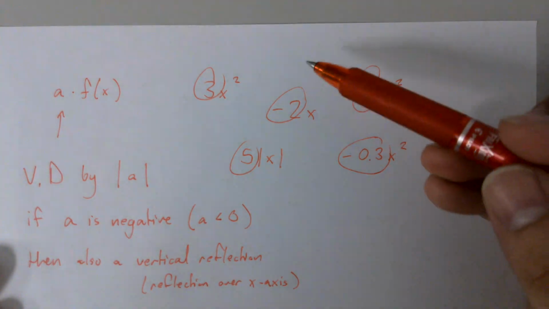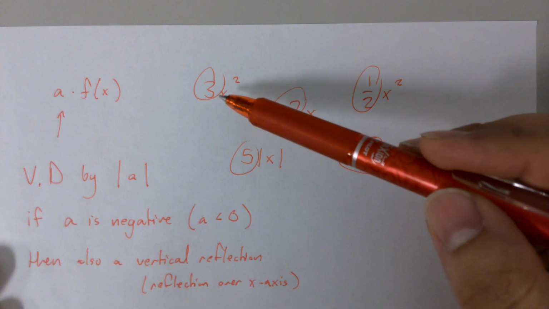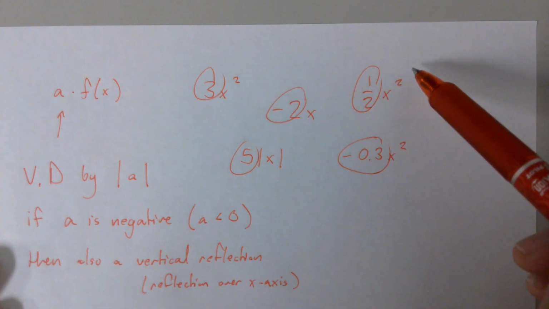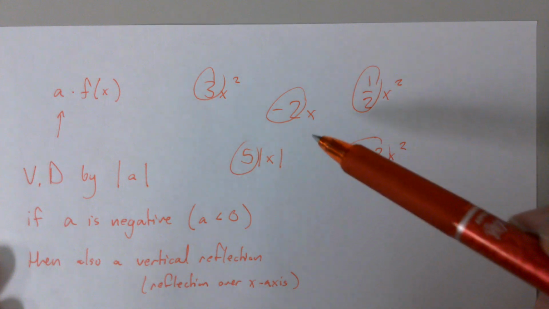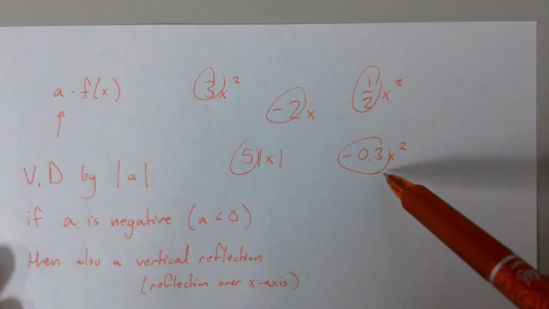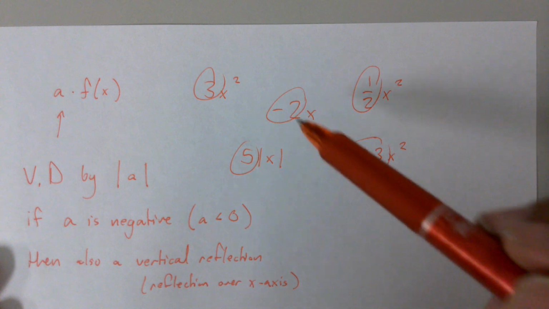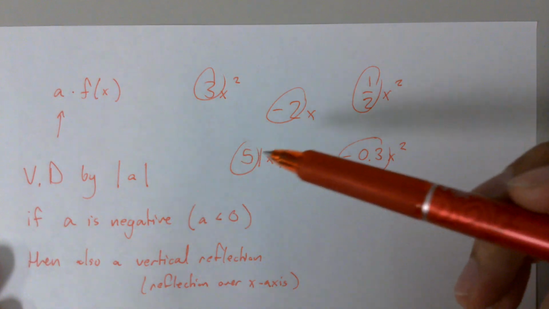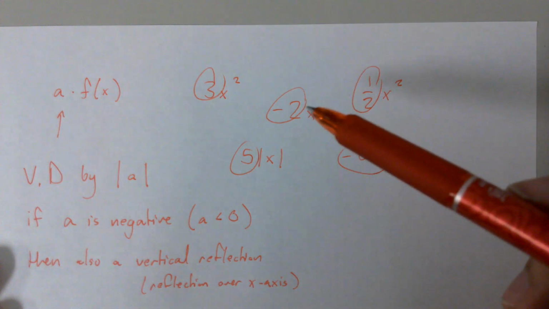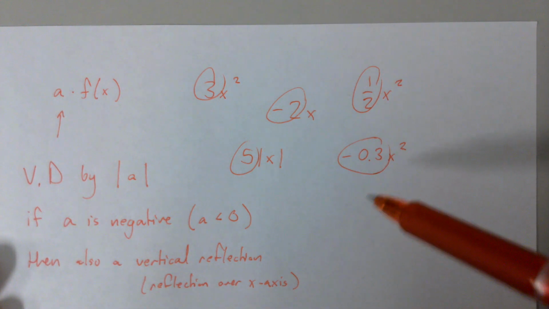So, for these 3, 3, 5, and 1/2, there's no vertical reflection because these aren't negative numbers. However, for negative 2 and negative 0.3, these are vertical reflections along with vertical dilations. So there's two transformations happening for both of these functions right here.